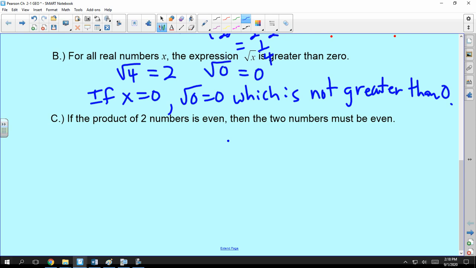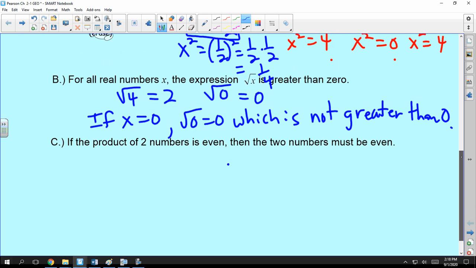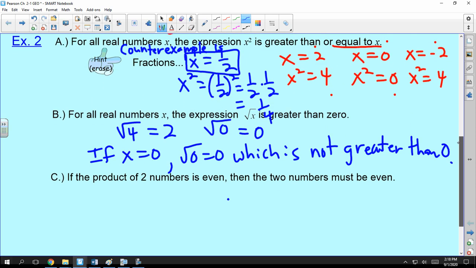Right, and the last one here says if the product of two numbers is even, then the two numbers must be even. Is that true or false? Can you think of a counterexample? And let's just start thinking about it here. What if we have an even number? So even numbers would be like 2 or 4, 6, 8, 10.